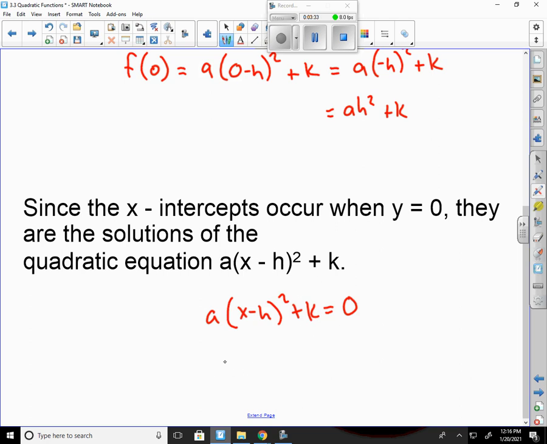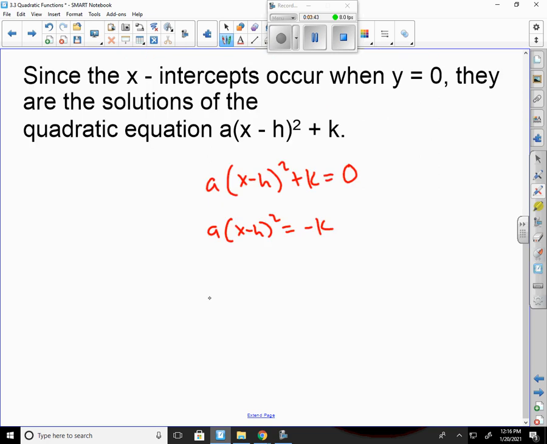So I'm going to subtract k over. It gives me a times x minus h squared equals negative k. Divide by a, it gives me x minus h squared equals negative k over a. Take the square root of both sides in order to get rid of my squared. It gives me x minus h equals, and when I take the square root of both sides, I have to make it a plus and minus.